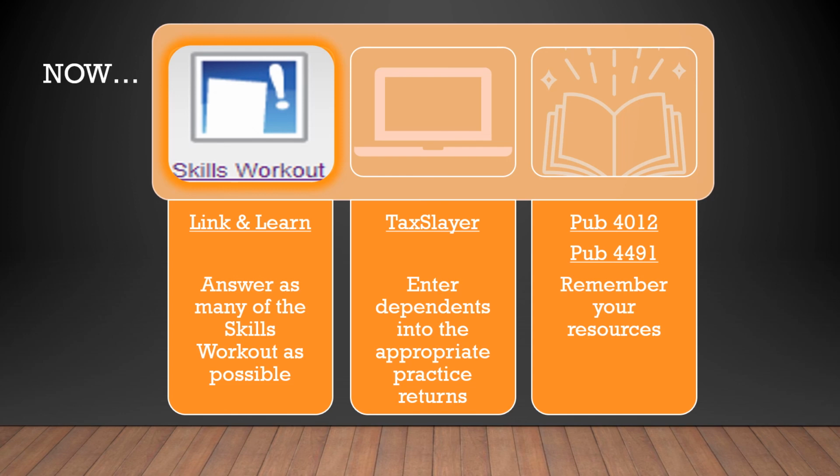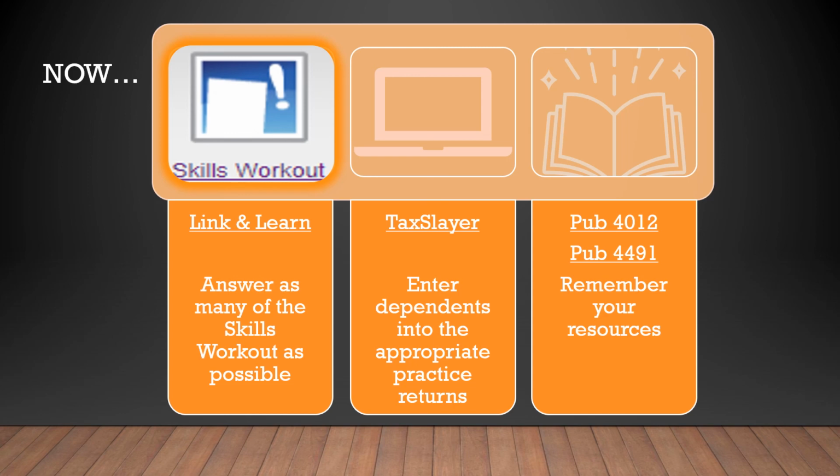Now that we know about dependents and we know about the tests that help us determine dependency, here's what I want you to do. I want you to go onto Lincoln Learn, the page about this lesson, Dependents, and go to the icon for Skills Workout. Just like we did with filing status, I want you to answer as many of the Skills Workout questions as possible.